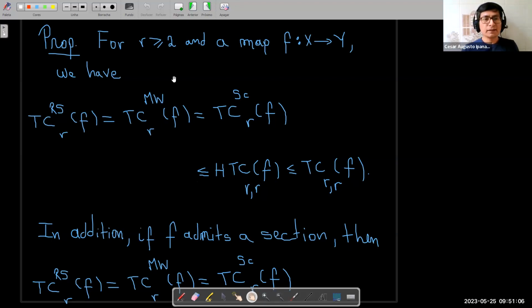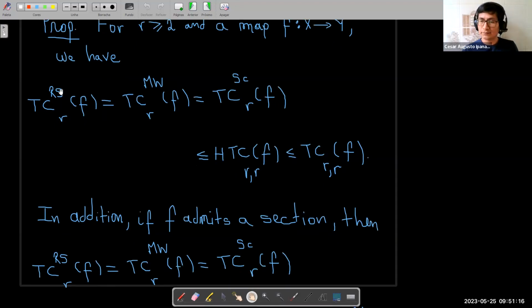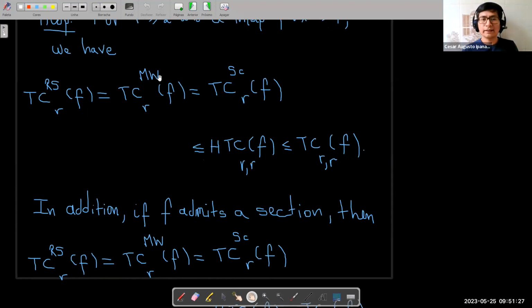For any map f and for any r at least 2, we have that Rudyak's higher TC, Murillo's higher TC and Scott's higher TC all coincide, and are a lower bound for all homotopy TC r, r.